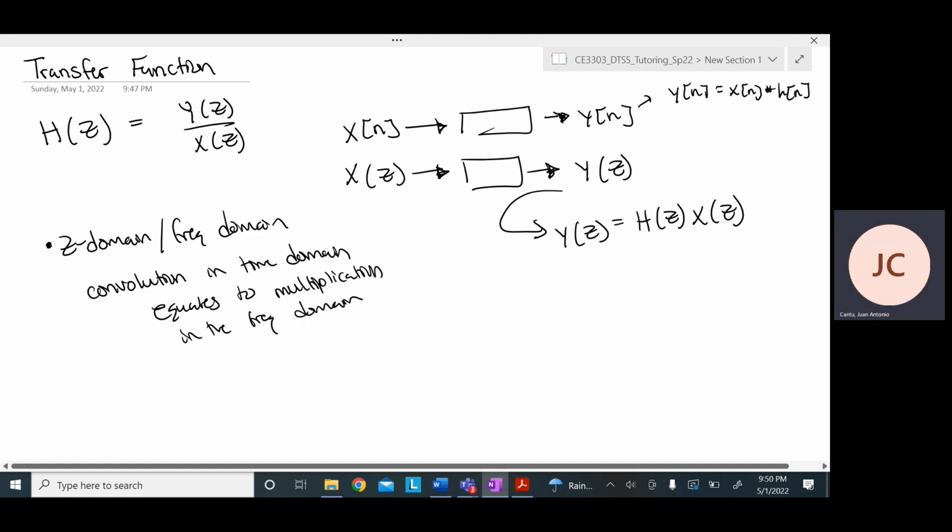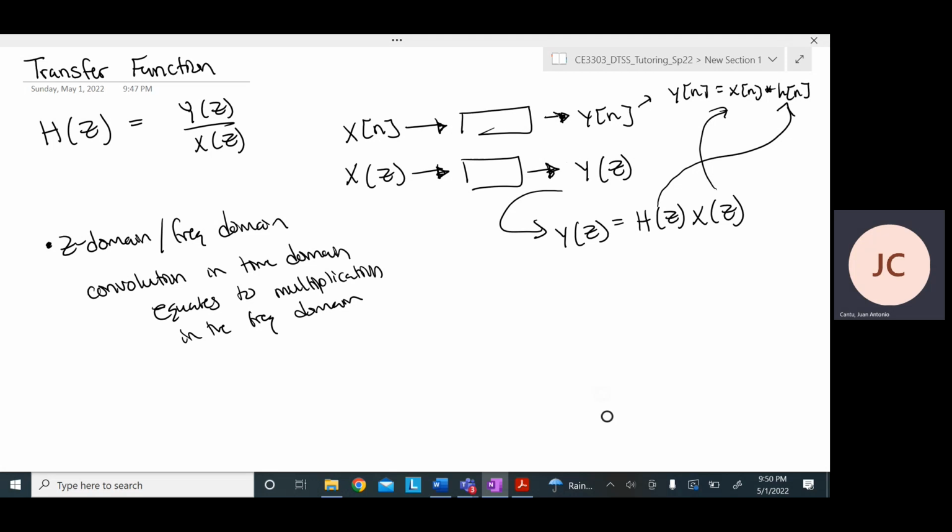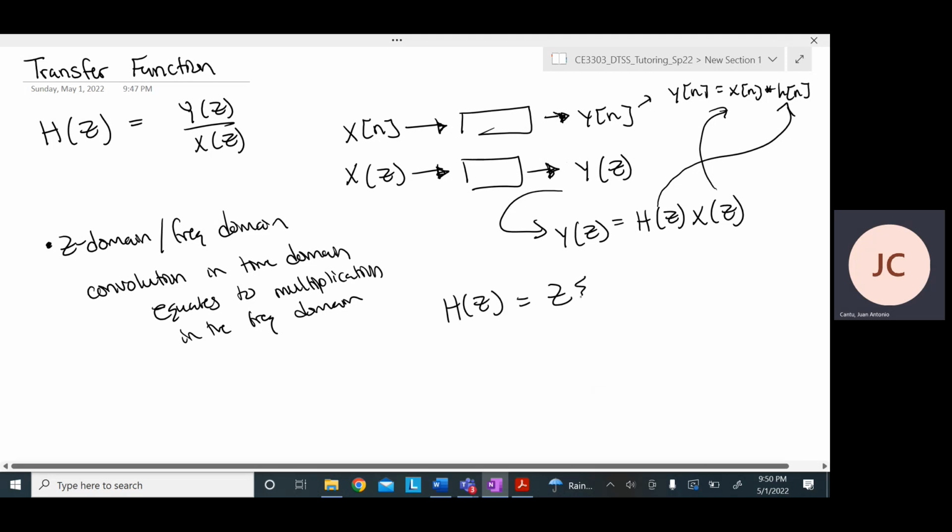So what you actually notice here is X of z is the z transform of x of n, and our transfer function is actually the z transform of our impulse response. So another definition for our H of z is the z transform of our impulse response.